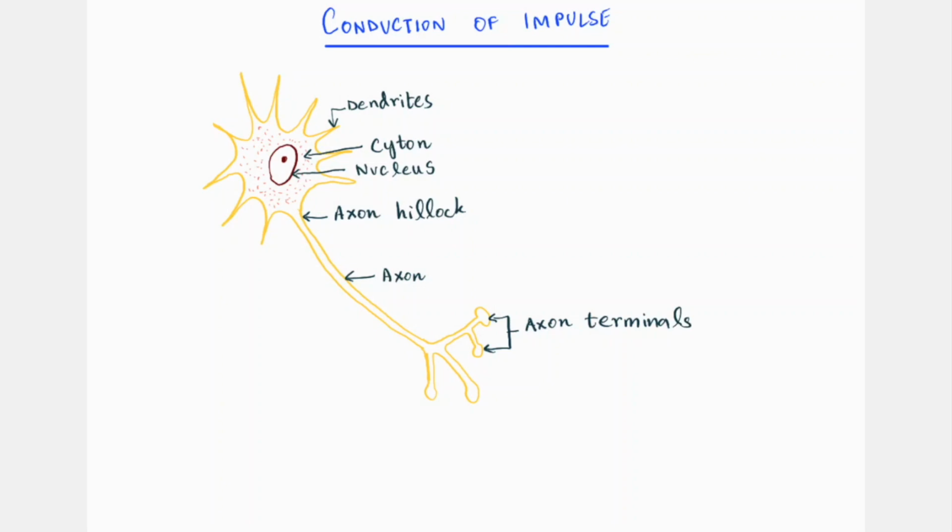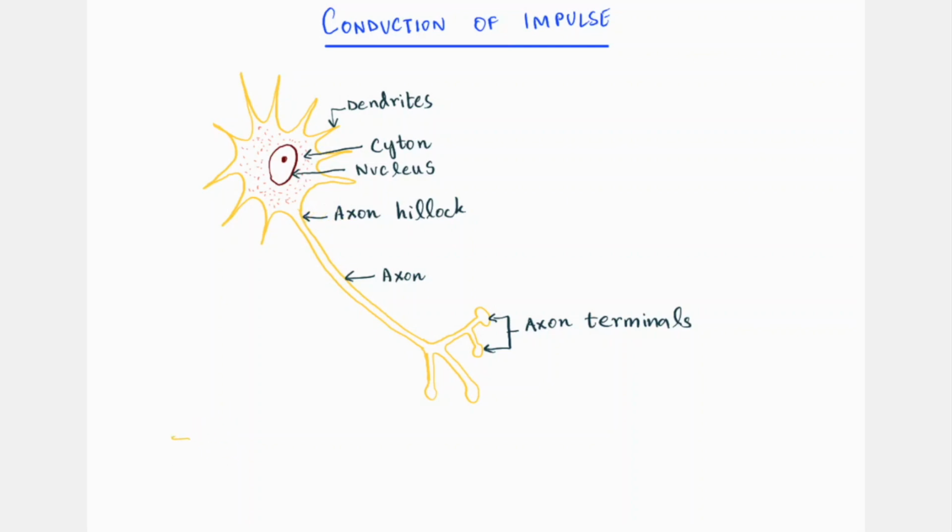Now why do you think I labelled the axon hillock? It's just a part of the axon, right? Well, no, it's a very important part, in fact, because that is where the most number of sodium and potassium voltage gated ion channels are present.